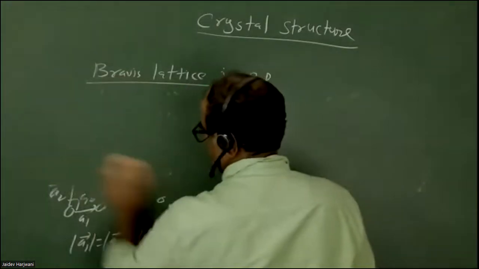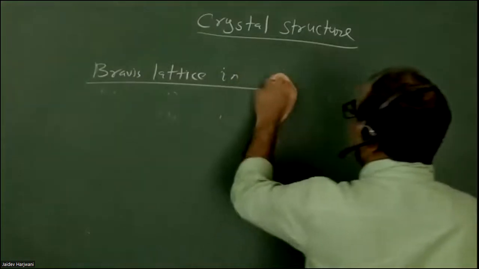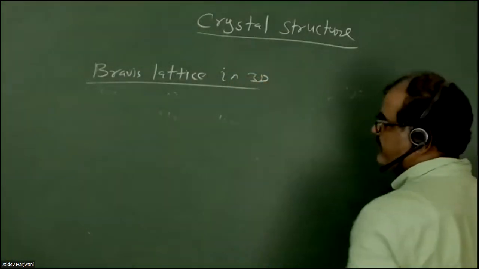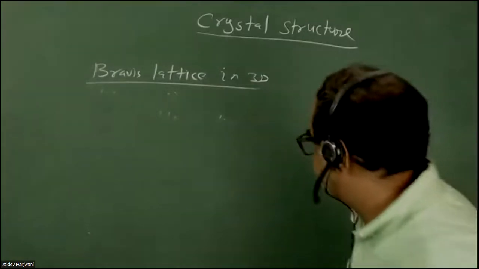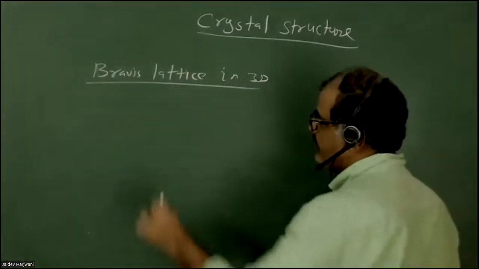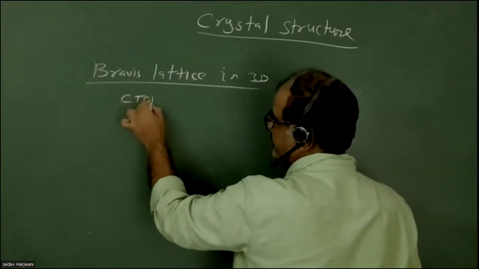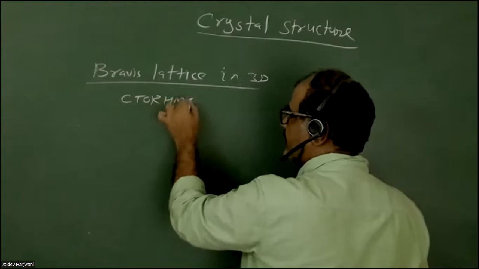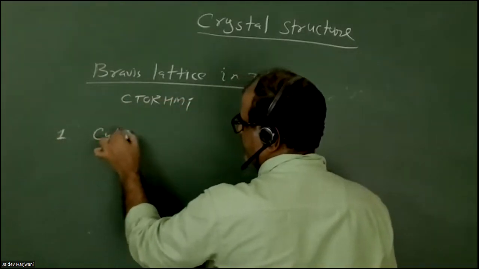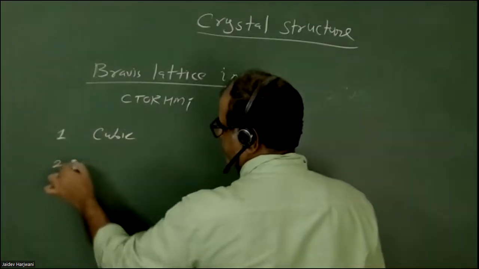So in 3D we have 7 crystal systems. Which systems are they? I remember them by calling CTOR, HMT. The first is cubic. The second is tetragonal.